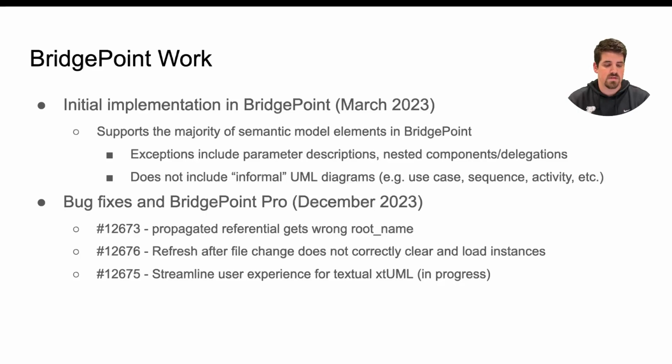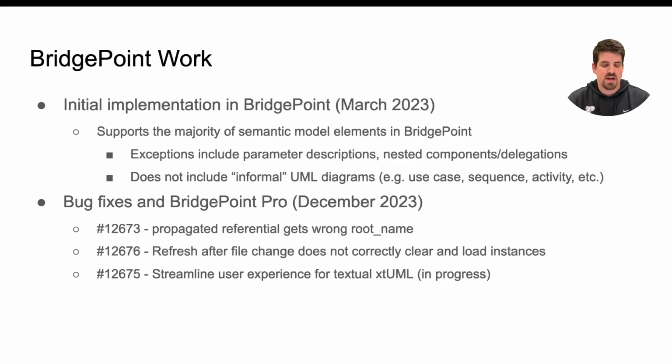And there are a few exceptions that we still don't support, including the parameter descriptions, nested components, and a few other fringe features. Then this summer and fall, we've been working on a bug fix package for Textual xtUML, as well as a feature to streamline and improve the experience for developers using Textual xtUML.